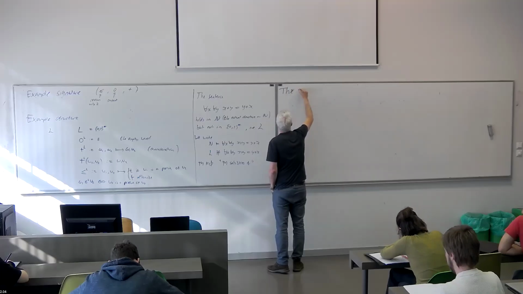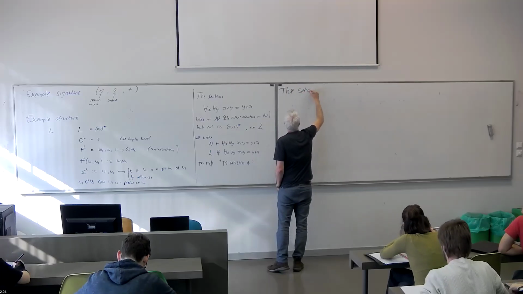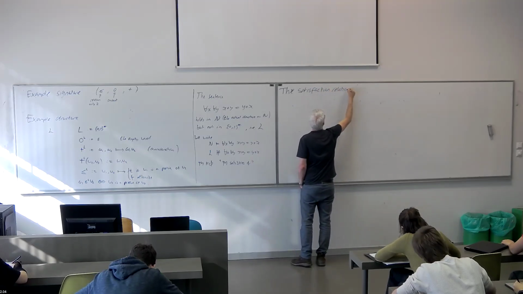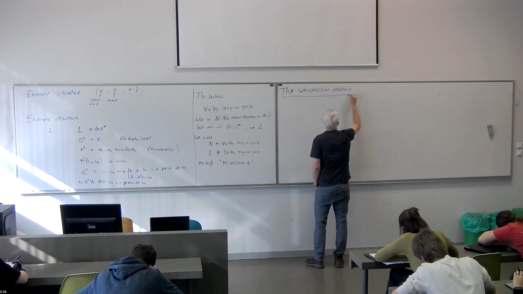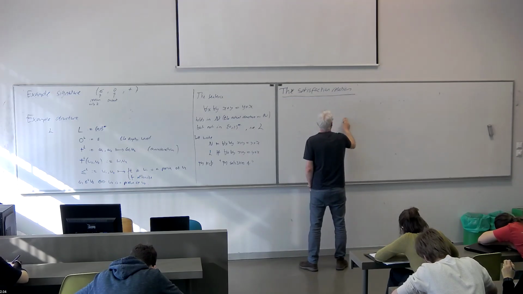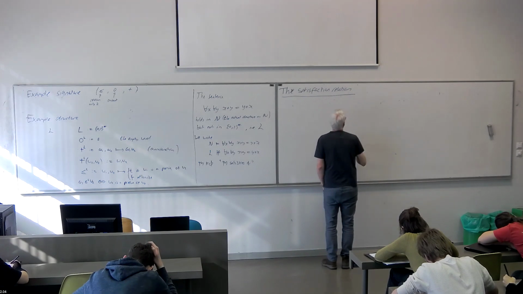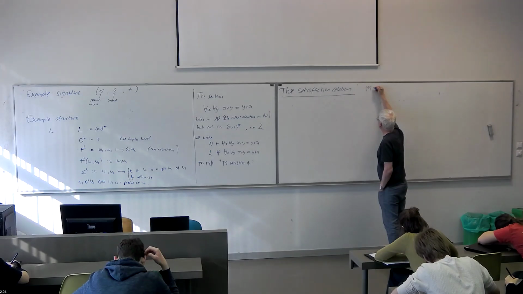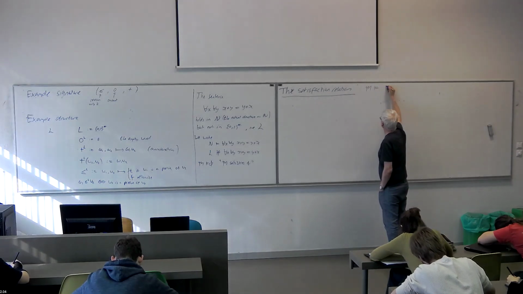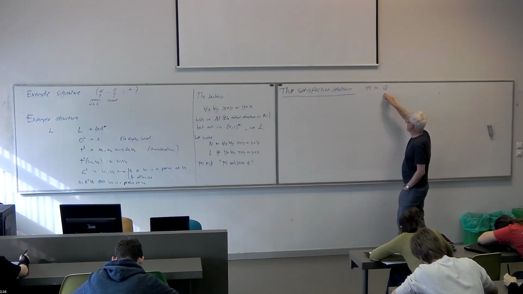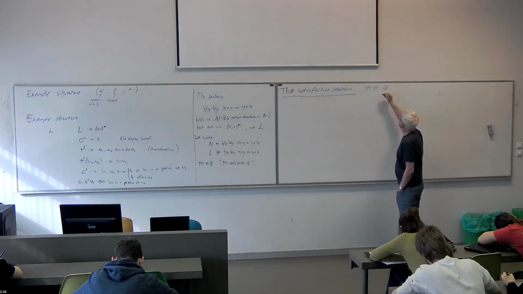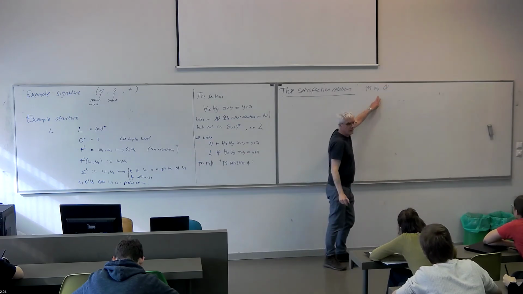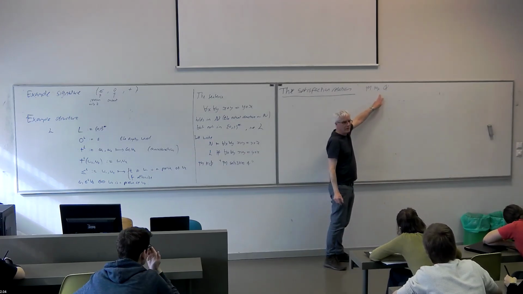Going to define what's called the satisfaction. The satisfaction relation is of the form M satisfies phi under rho. The structure satisfies the formula depending on some interpretation of the variables in the formula.